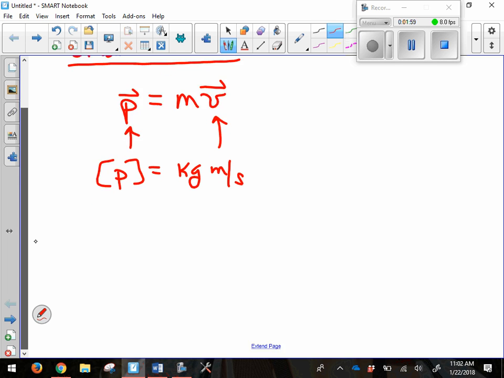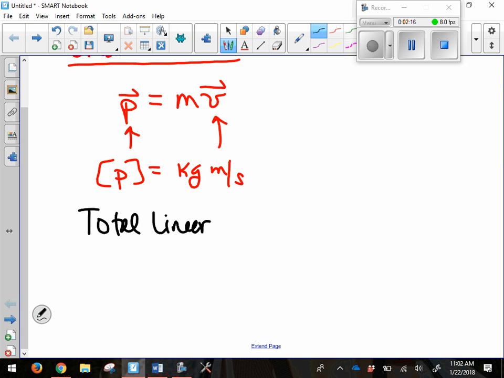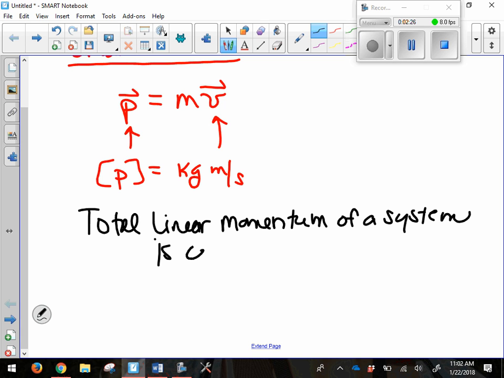And so what you were kind of supposed to figure out from the PhET collision exercise that you were doing on Friday is that the total momentum of a system, or the total linear momentum, because later on we'll talk about other kinds of momentum, of a system stays the same or is conserved.